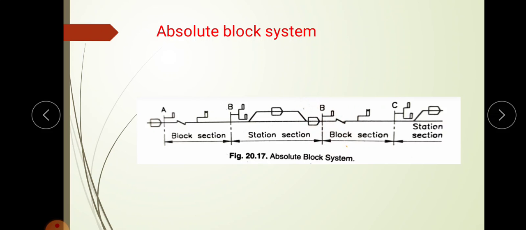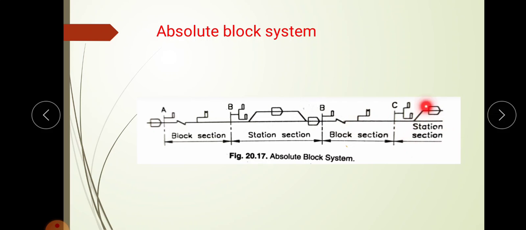Then after the arrival of the train, the points and signals are restored. The driver of the train hands over the token to the station master at B, and he will insert this token to make the instrument return to normal position. The station master at B informs his cabin crew to dispatch the train and hands over the token for the block section BC to the driver for departure.